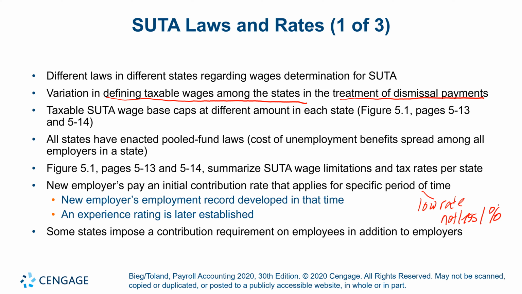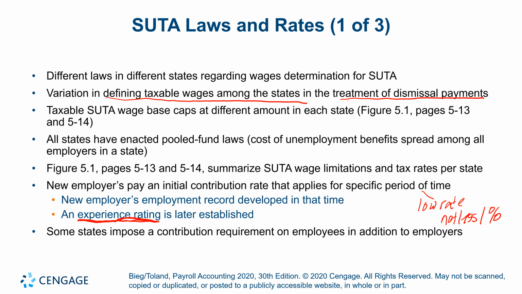Because when they go to determine how much unemployment tax an employer has to pay, the employer's experience and employee turnover, and how many employees have filed for unemployment, for example, all plays into how much the business has to pay in unemployment taxes, right?